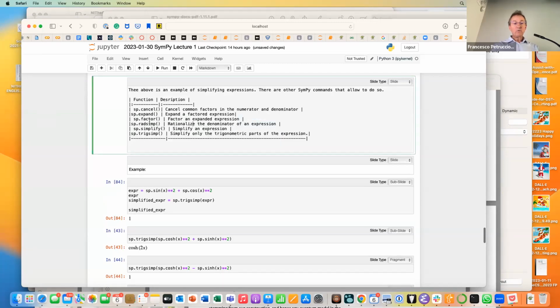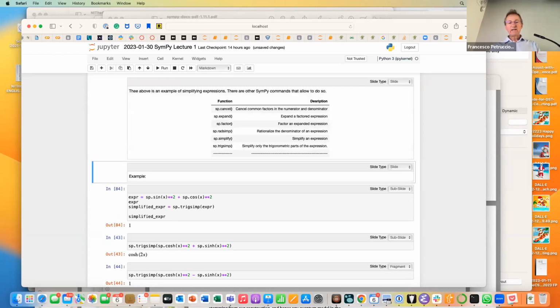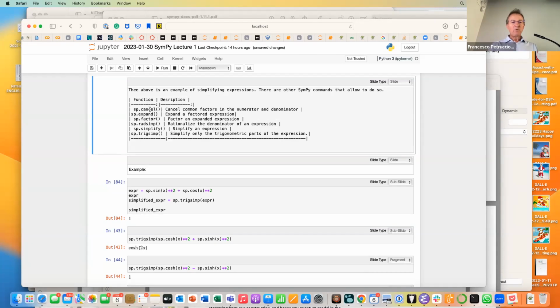And if we had put the colons on the other side, we would have aligned the table to the right. So now all expressions are aligned to the right. But for our purposes, it is nicer to have them aligned to the left.